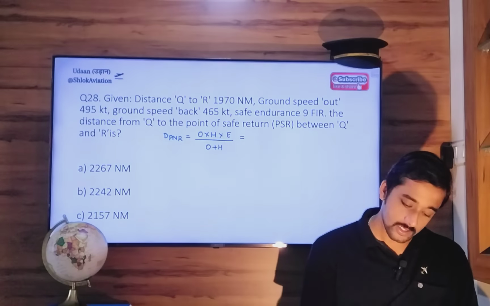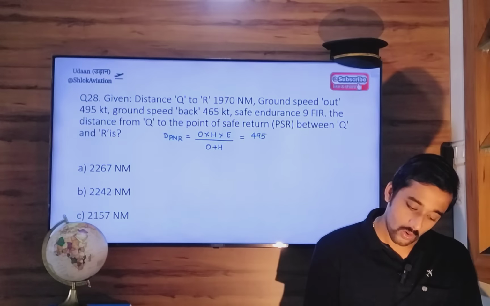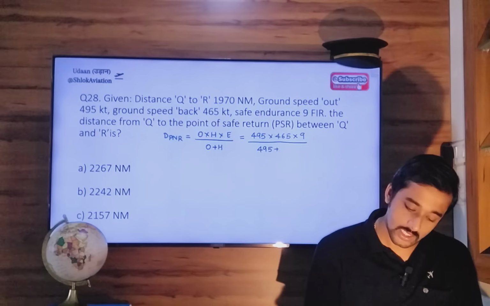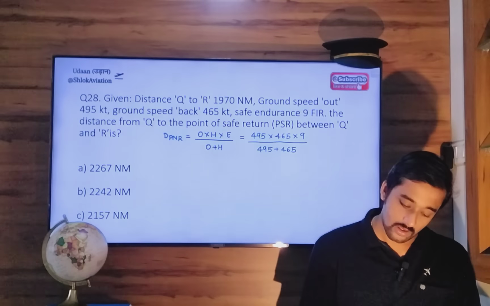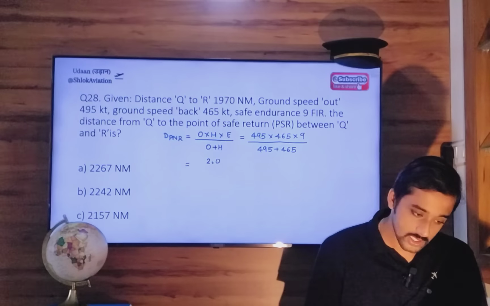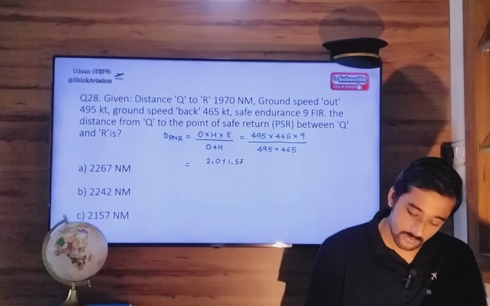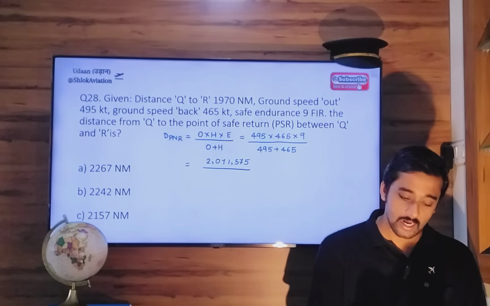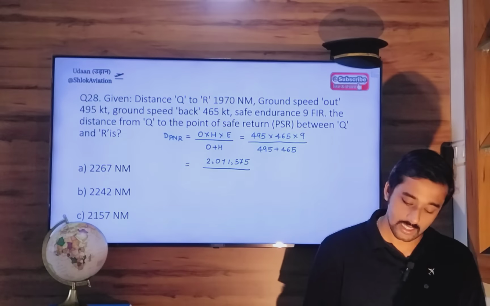So outbound speed is 495, homebound is 465, endurance is 9 hours. So now 495 into 465 into 9 hours is 2071575. 495 plus 465 is 960.